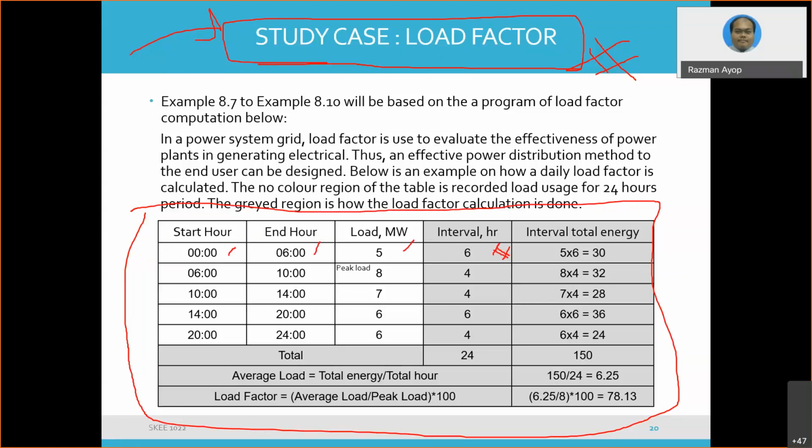Remember that power multiplied by time gives you the energy. This one is kilowatt hour, this is watt and megawatt, this one is megawatt hour, and this is hour. So you have this table, and this is the manual calculation. How to do this inside MATLAB with only this data?